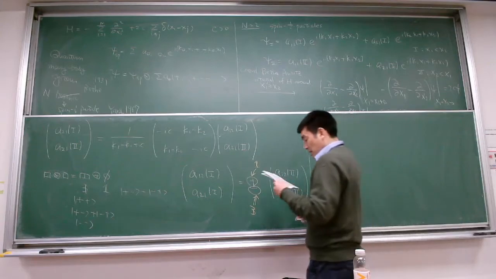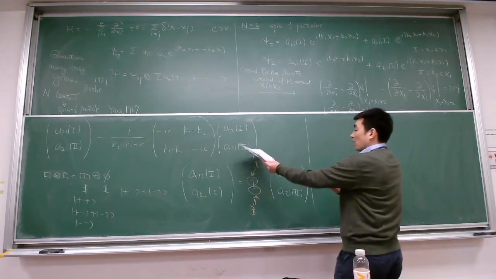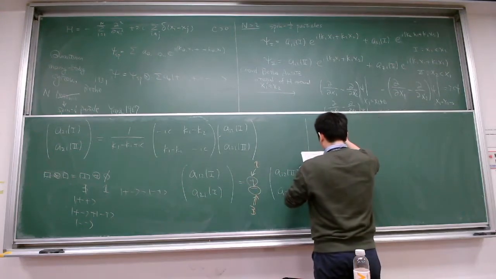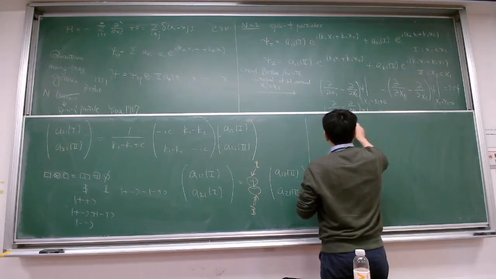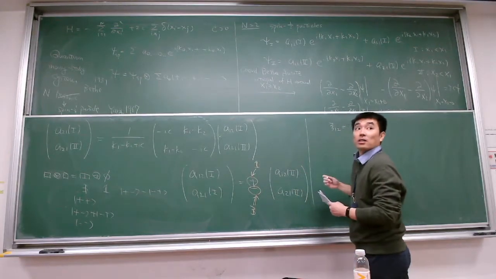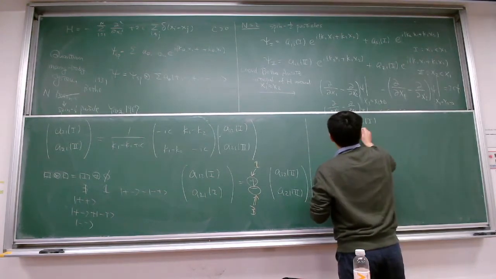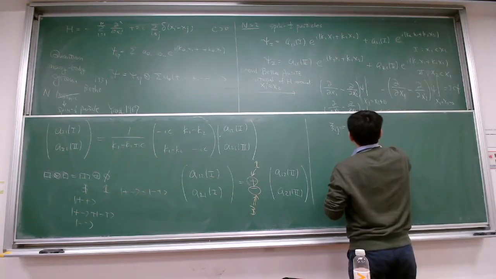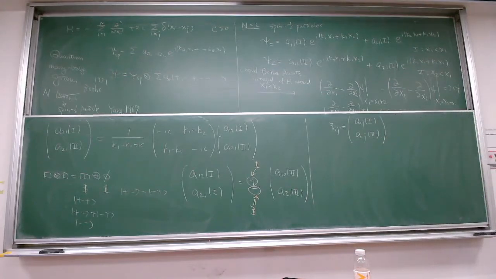Okay, so if we take this into account, we introduce the following notation. C_{12} is equal to A_{12} in region 1, maybe A_{ij} in region 2.